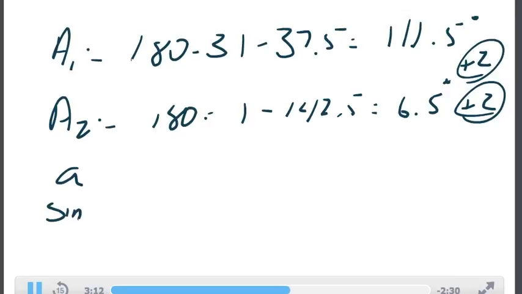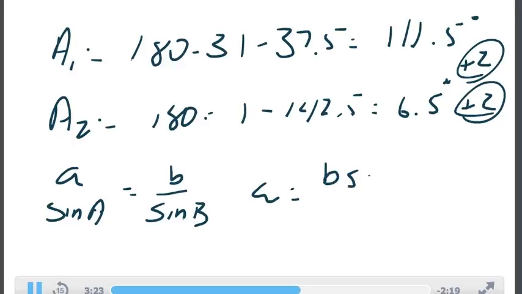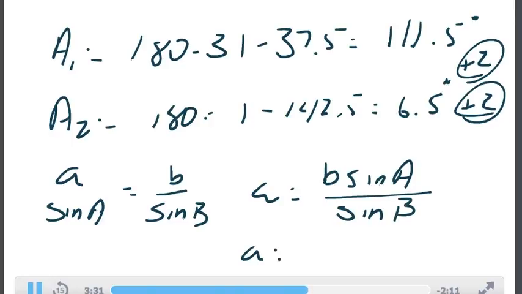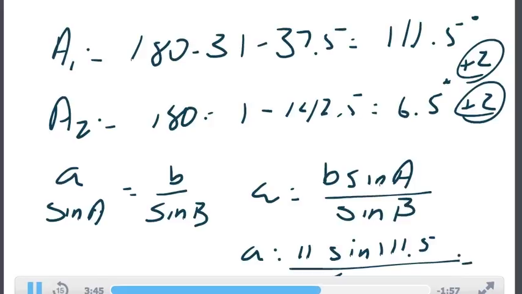Have a over sine A is b over sine B. So a is b sine A over sine B. So that says a is 11 sine of 111.5 over sine of 31 is 19.87. Okay, that's the first a.